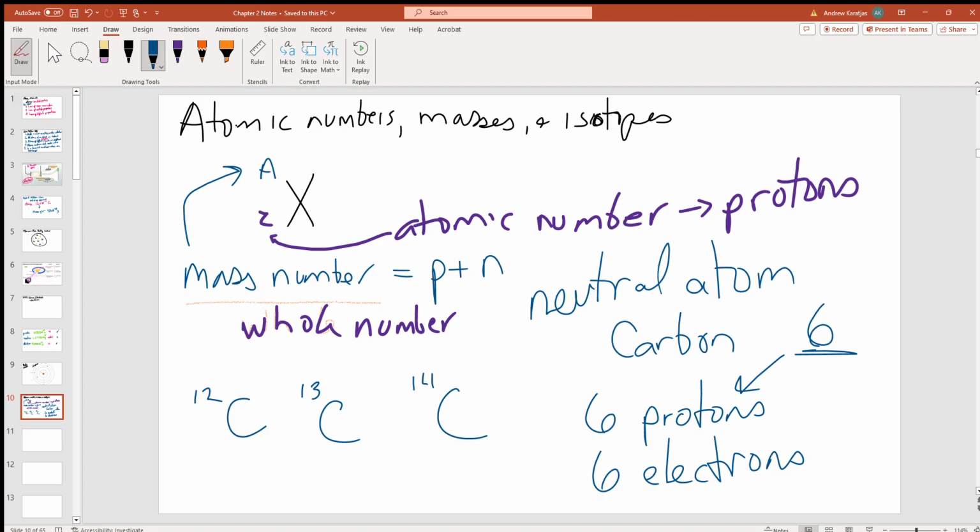Those are the three isotopes of carbon. They all have 6 protons. So if this number that we've written in here is its mass number, or the number of protons plus neutrons, that means carbon-12 has 6 neutrons, carbon-13 has 7 neutrons, and carbon-14 would have 8 neutrons.